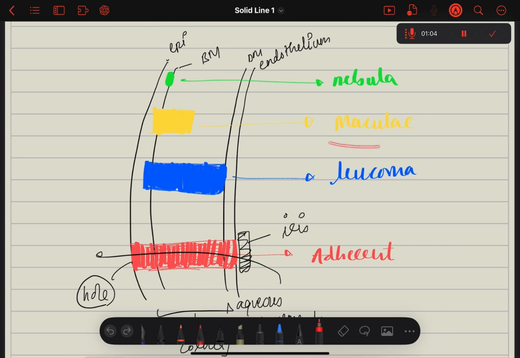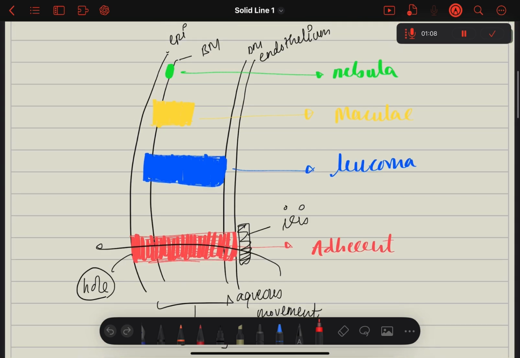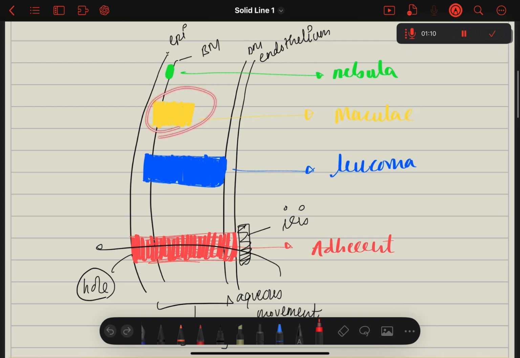Second opacity is the medical one, that is maculae. Maculae is when the opacity contains Bowman's membrane plus the stroma part, and this stroma is less than half involved.